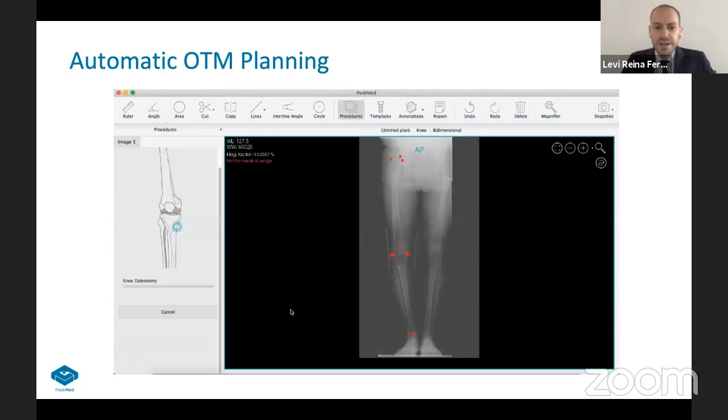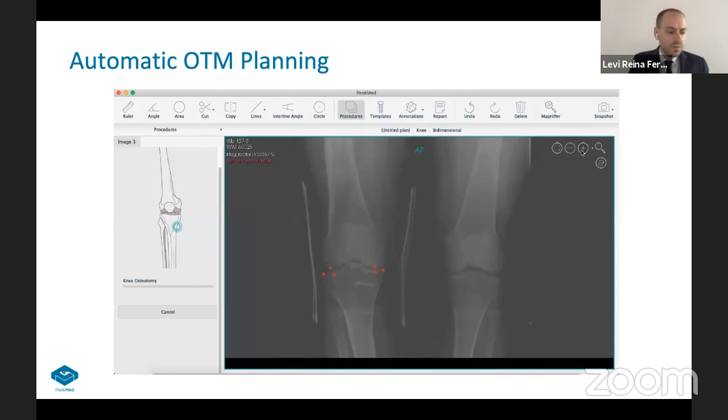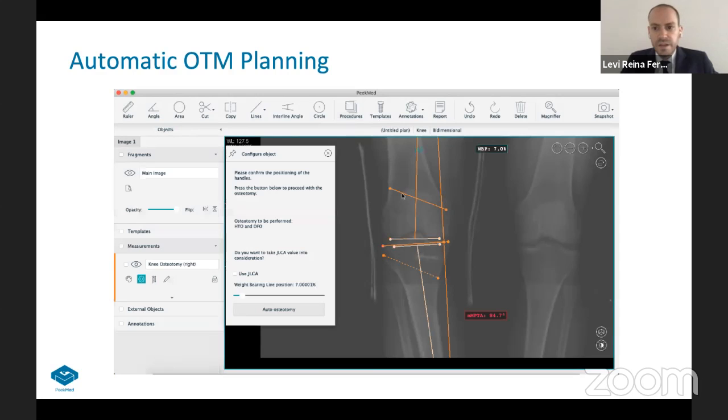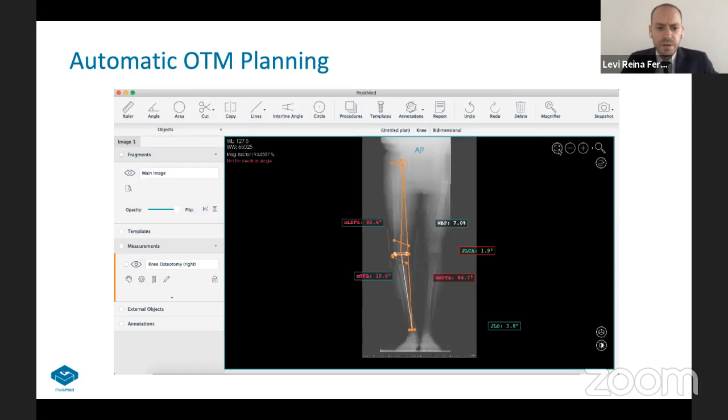And if you click next, you just do the markings of the HTO. You do the markings of the closed wedge, lateral DFO. And then it's the same thing. You just select the degree of correction that you want to do, where you want the new weight bearing line to go through.